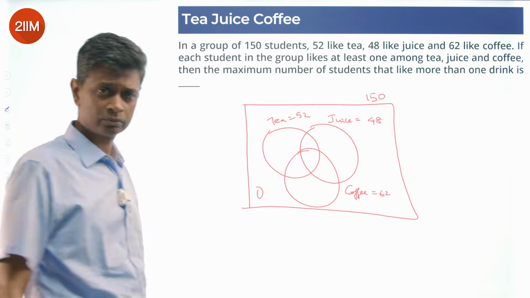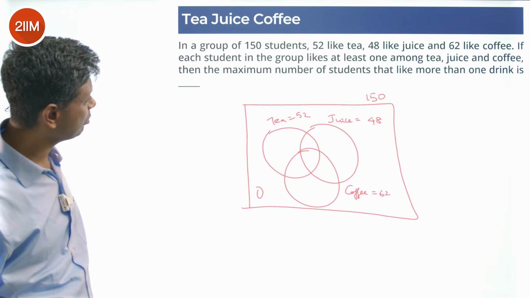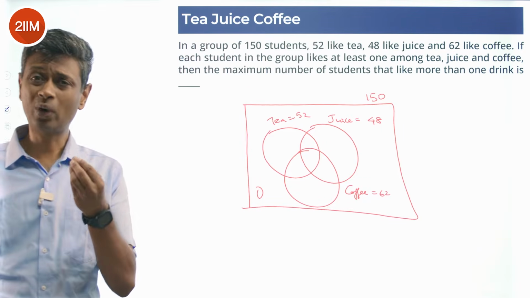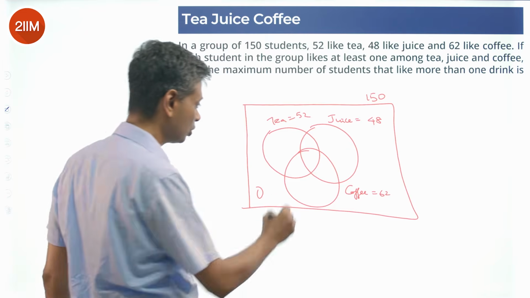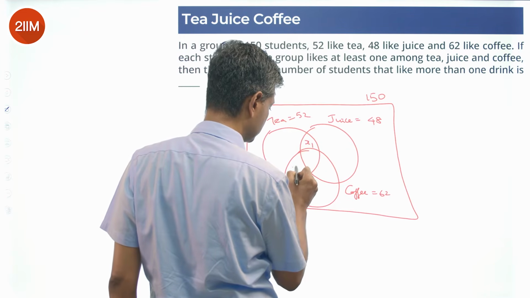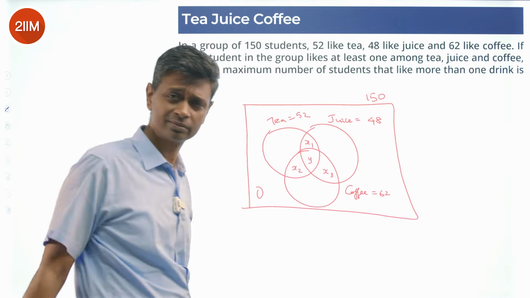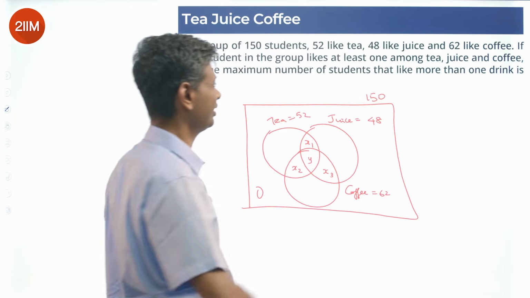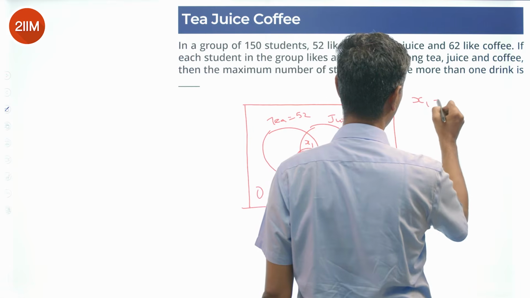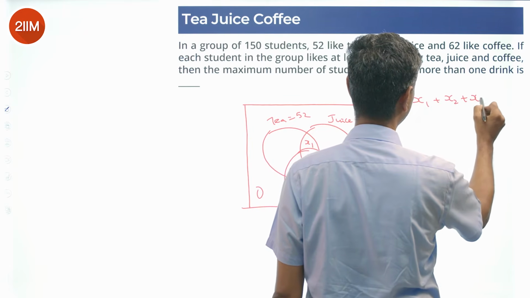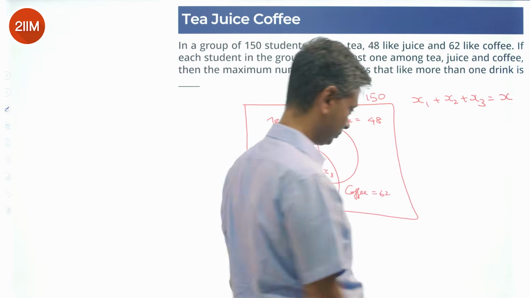Outside is 0. We want to find the maximum number of people that like more than one drink. I want to call these x1, x2, x3, and this is y. I further want to say that x1 plus x2 plus x3, let me call it x.